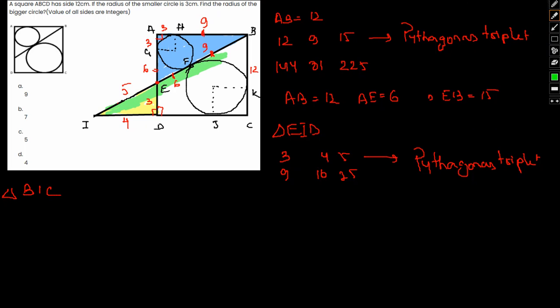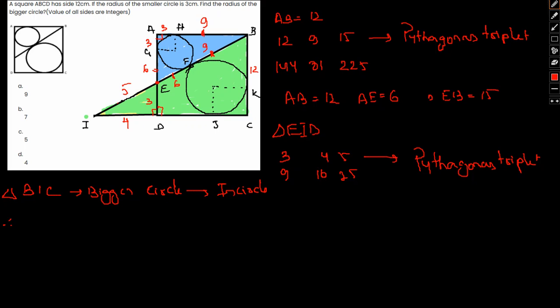Okay, so if we focus on this triangle, we can see the bigger circle is nothing but the in circle. Okay, bigger circle is the in circle.